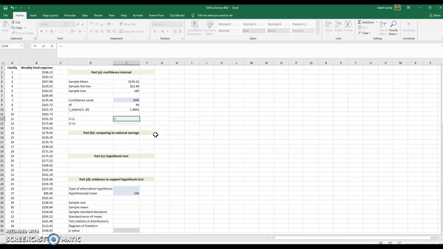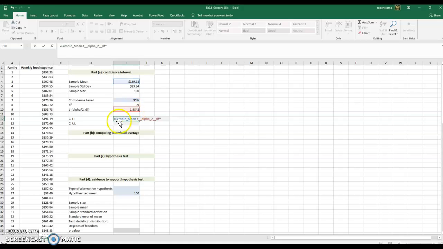And so we're going to put together our confidence intervals. My confidence interval is going to be the sample mean, plus or minus t times the standard deviation divided by the square root of the sample size. So we're going to do the lower bound here, so that's minus. And then we'll do our t-value.